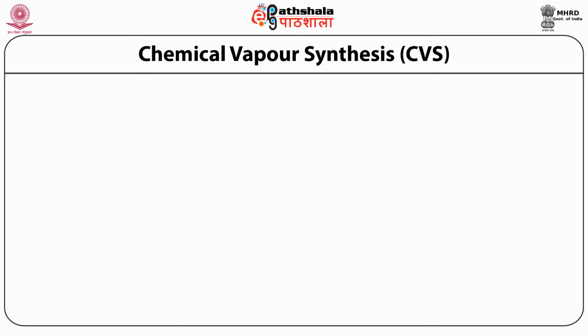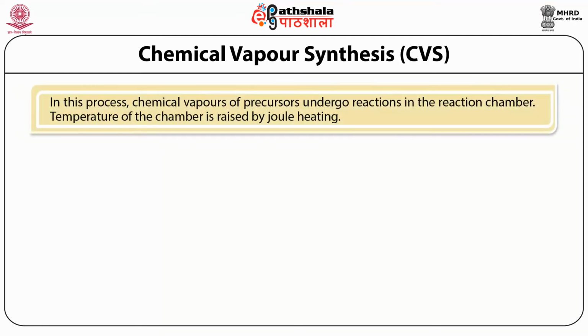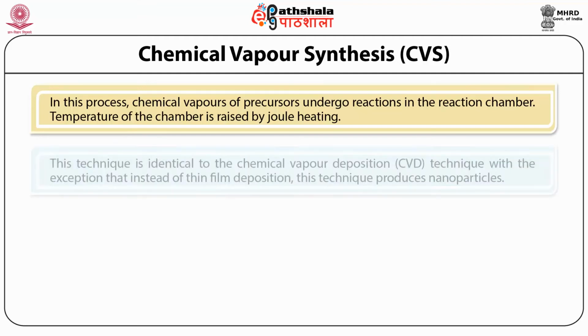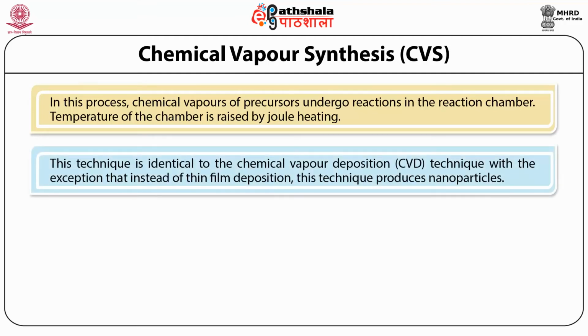One more type of gas phase condensation technique is chemical vapor synthesis, in which chemical vapors of precursors undergo reactions in the reaction chamber. The temperature of the chamber is raised by Joule heating. This technique is identical to the chemical vapor deposition technique, with the exception that instead of thin film deposition, this technique produces nanoparticles.